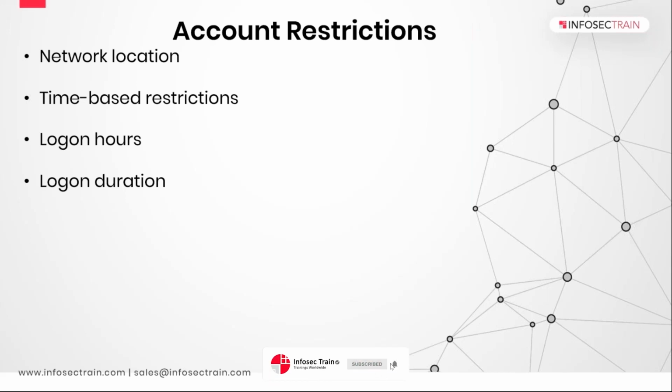The time-based restrictions are always put up in your account restrictions, along with the network location. All these things, like your duration, login hours, the maximum amount of time an account can be logged into your network, are mentioned over there, and you can restrict on the basis of these.